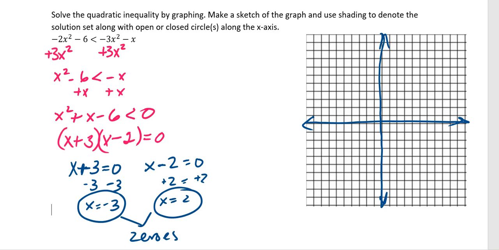They're the locations where my parabola crosses the x-axis. So let's go ahead and graph them. So at 2 and at -3. So all I need now is the shape of my graph. Okay, I don't really need my vertex.